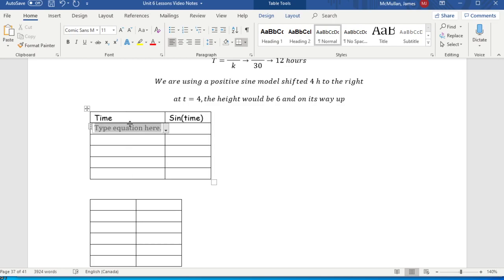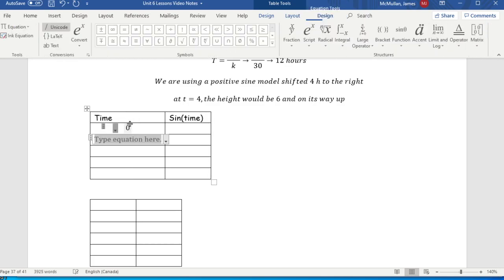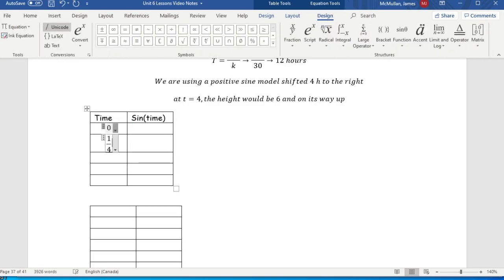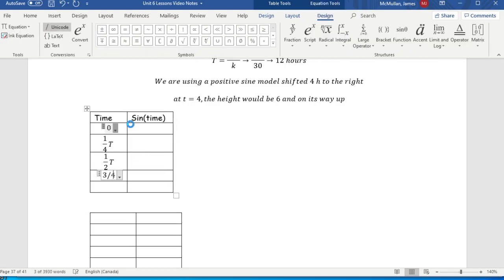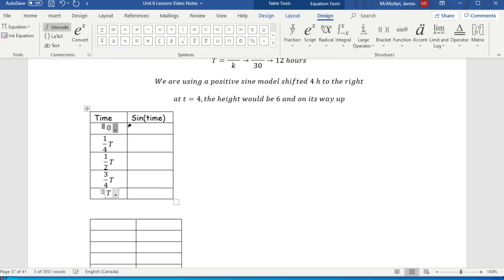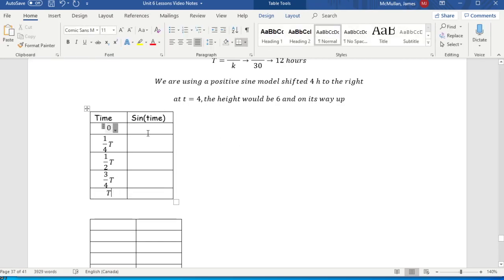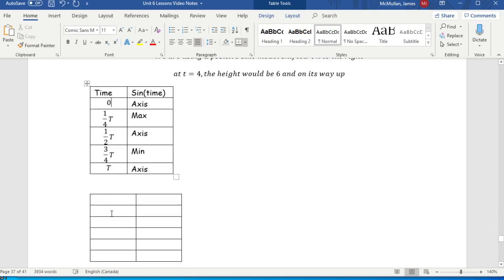Okay, so sine we know was 0 and then it was 90. But instead of 90, I want you to think of 90 as a quarter period, and then a half period, and then 3/4 period, and then a full period, right? And what does sine do? It's at the axis, then it's at the max, then it's at the axis, then it's at the min, and then it's at the axis again. And it's completed one full revolution in one period, right?